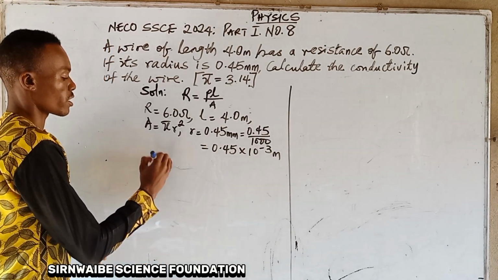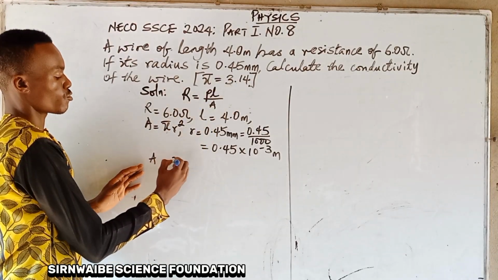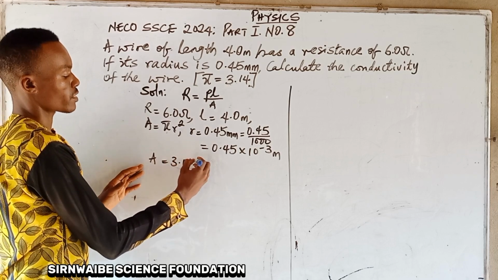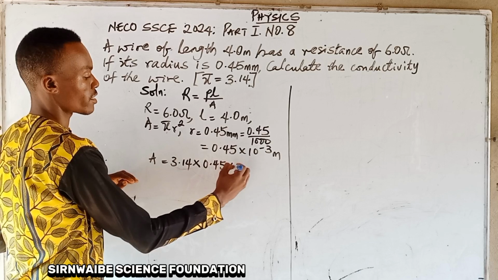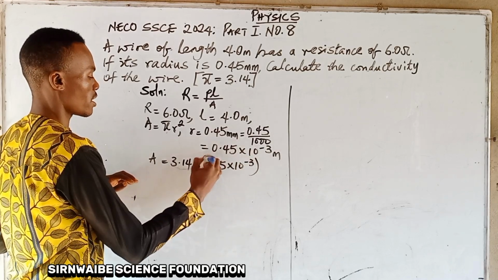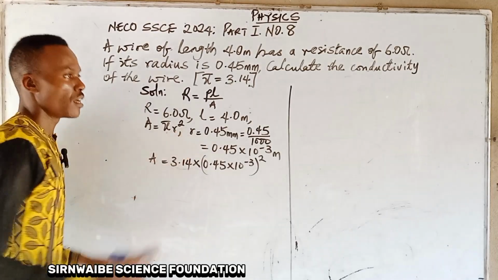Now putting everything together, we know that pi is 3.14. So it will be 3.14 times 0.45 times 10 raised to power minus 3, and we're going to square it based on the formula.